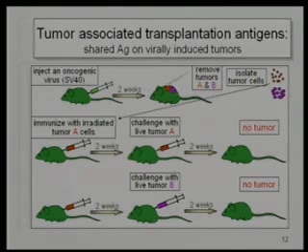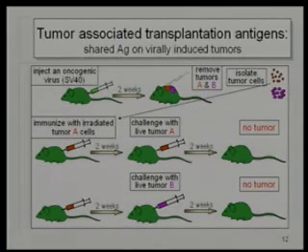Okay? Not only that, but although immunized with tumor A, induced by that virus, a challenge with tumor B does not result in tumor growth. So there's a cross-immunization with the two tumors induced by the same virus. And that is because the virus determines what tumor-specific, tumor-associated transplantation antigen is induced in those malignant cells.